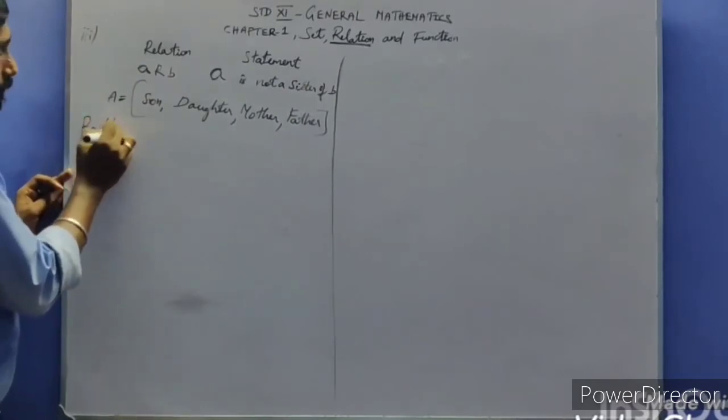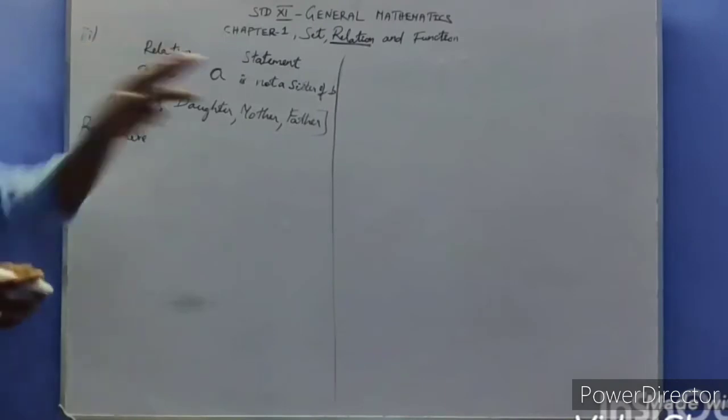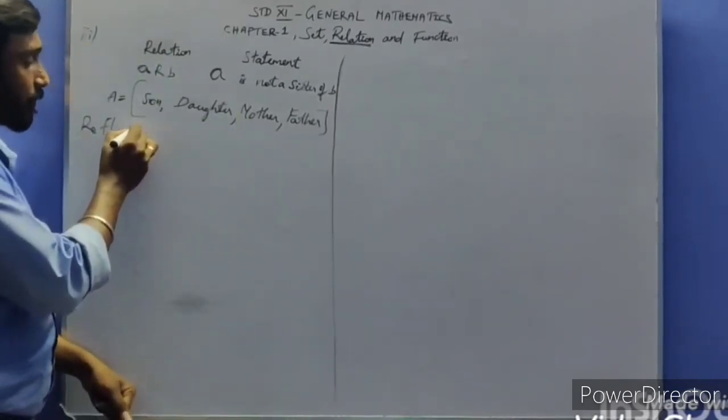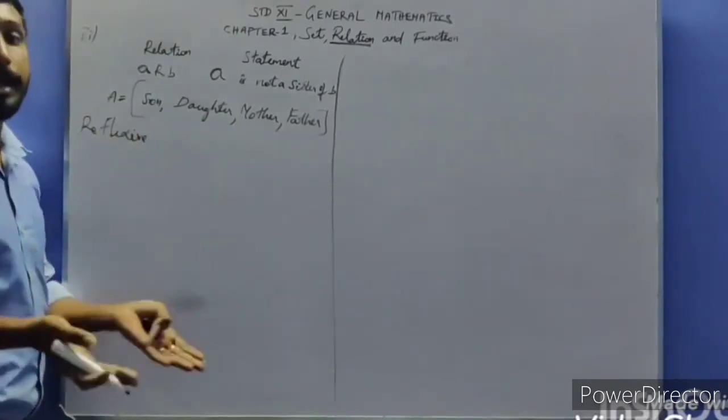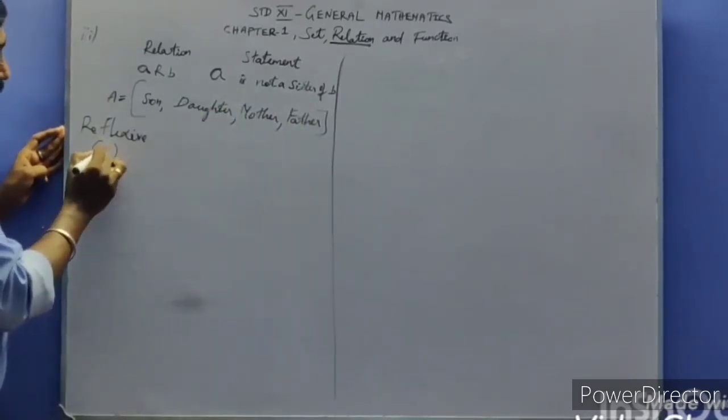Now we have to find out reflexive. Reflexive means the person is related to itself. So it looks like the first statement. What is the statement here?